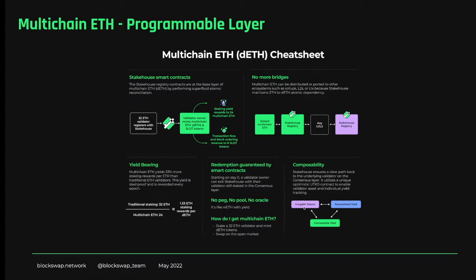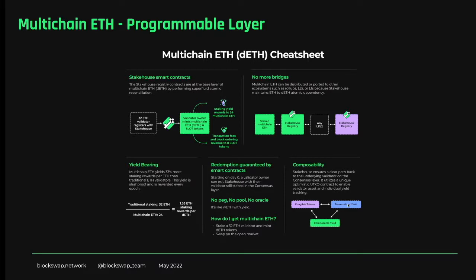Fungible tokens, obviously we already mentioned that, but now you can use dETH in any ecosystem and it's completely fungible. Personalized yield. This means your yield is directly connected to your validator, so you're earning those rewards. It's based off you. So there's no dilution aspect when it comes to your multi-chain ETH tokens.